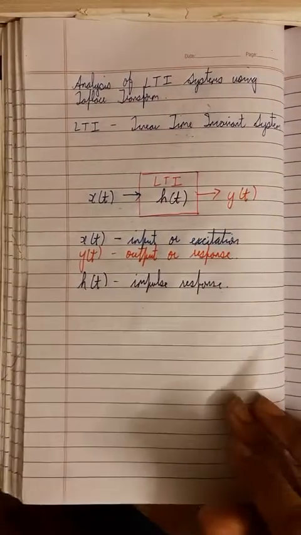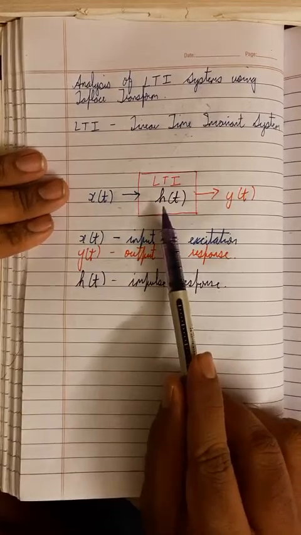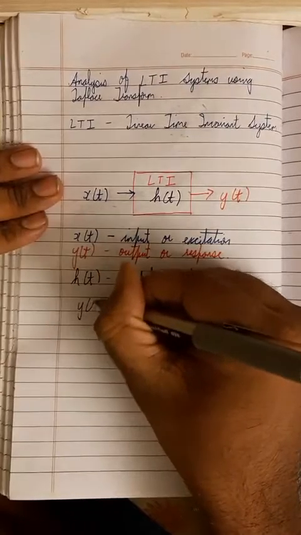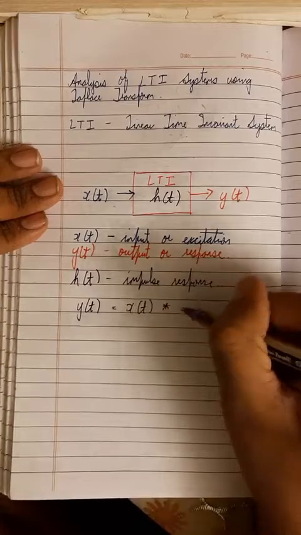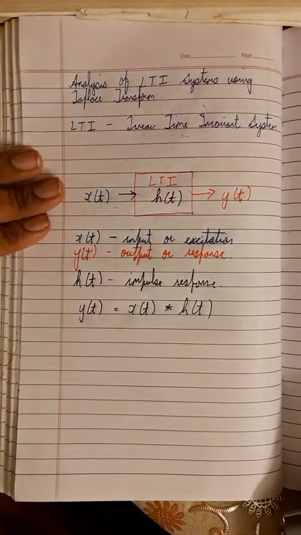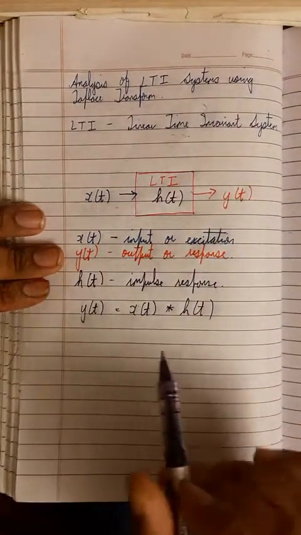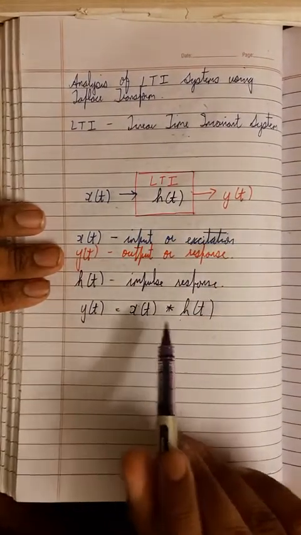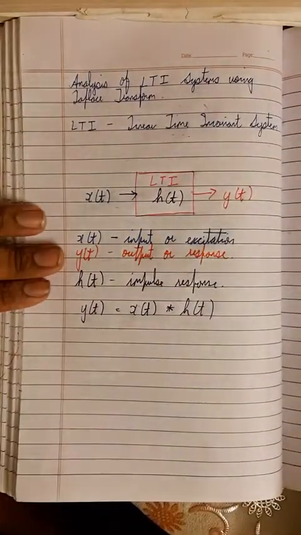For any system, if you know x of t and if you know h of t, then you can simply find the equation for y of t. That is, y of t is nothing but x of t convolution with h of t. You can find the output of any LTI system as long as you know the input and the impulse response, which is unique for that particular LTI system.